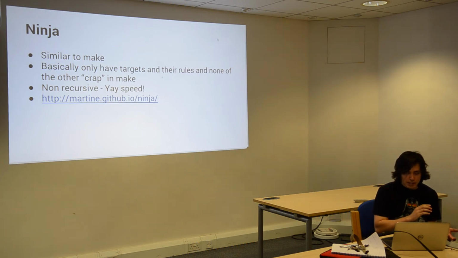It's just that the make developers added a whole bunch of stuff on top of it, like having conditionals and having commands that expand to executing shell commands and all sorts of other stuff, which make it more complicated. So Ninja basically gets rid of that, and in Ninja you only have targets and rules, and that's it. You don't have any of the other complicated stuff that makefiles can have. And it's also non-recursive, so it's fast.